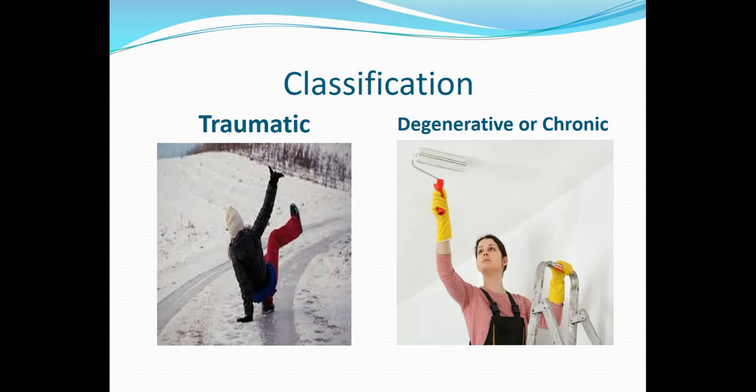Degenerative or chronic rotator cuff tears occur with gradual onset and no specific event or mechanism of injury. Degenerative change means gradual wear and tear over time. This can be related to activities you have done in your lifetime, related to work or sport. These are normal age-related changes, and they increase with age.